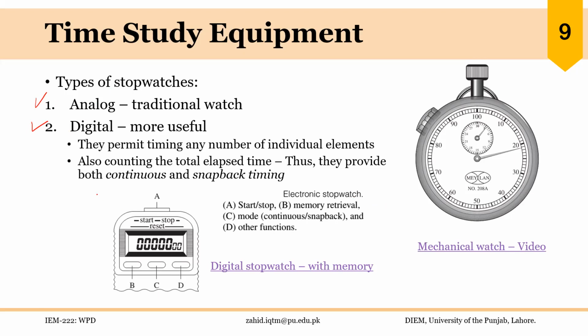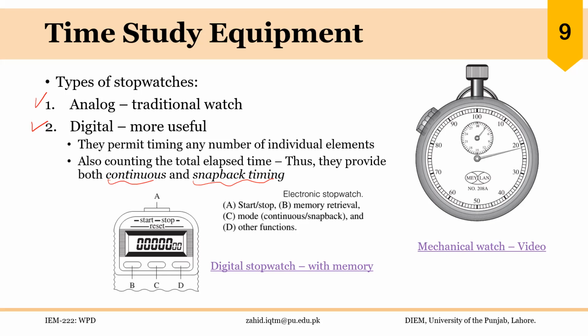So they provide both continuous and snapback timing. So we can actually find the time of a specific element simultaneously while finding the total time that has elapsed in performing that task.